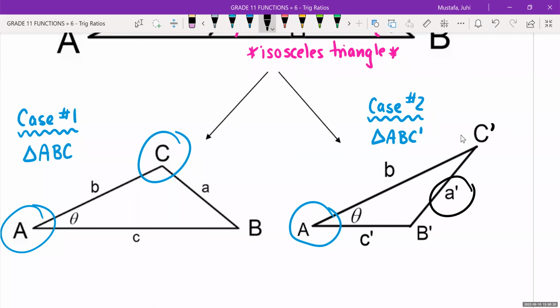This is A prime. It's going to be the same measurement as side length A, but because it's in a different position, we're going to call it A prime. And then this is going to be B prime because it's going to have a different measurement as well. And this is going to be C prime. So the only things that stay the same are angle A and side length B, and then everything else is going to be brand new.